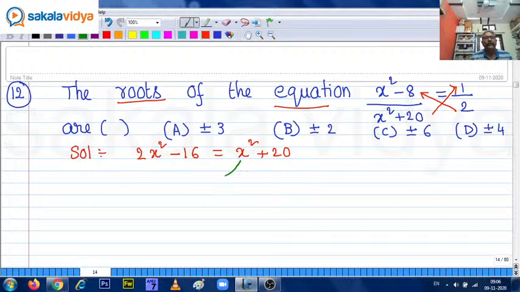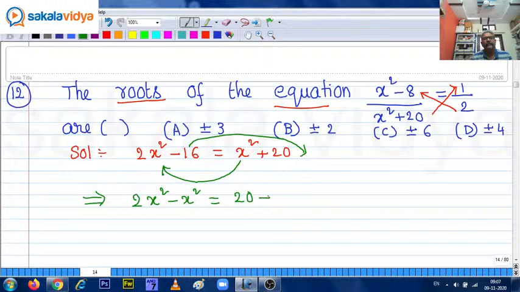Now take x square this side, minus 16 this side. So now we get 2x square minus x square equals to 20. The minus 16 becomes plus 16.